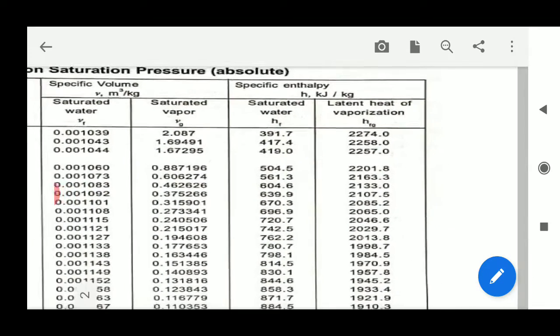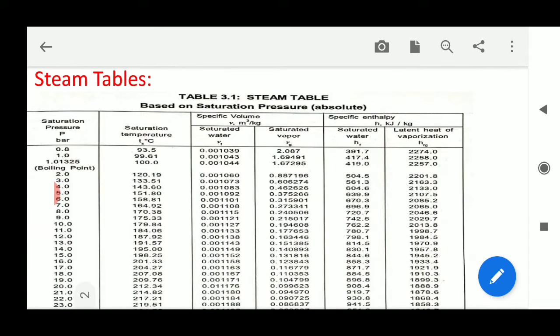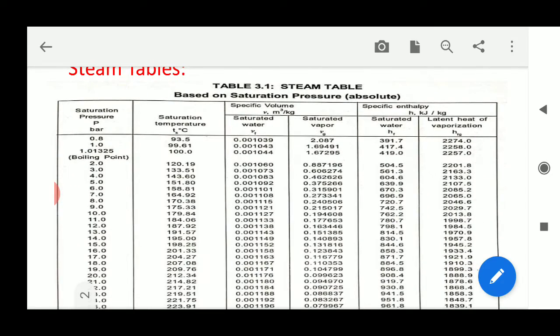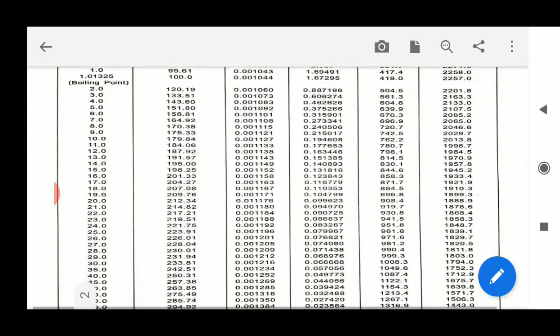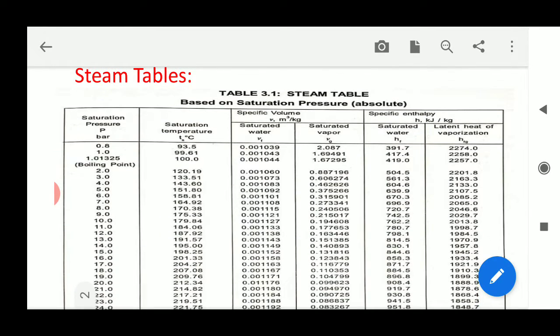So these are forming a table: for the different saturation pressures, what is the saturation temperature, what is the specific volume and what is the specific enthalpy. So we have to refer to this table and we can take the data from this table to solve the problems.